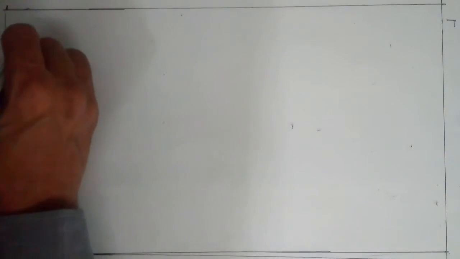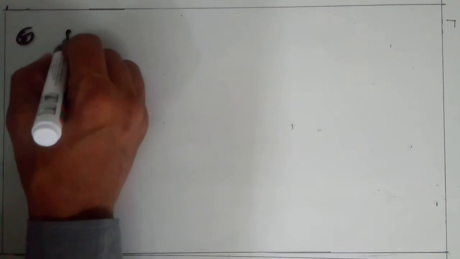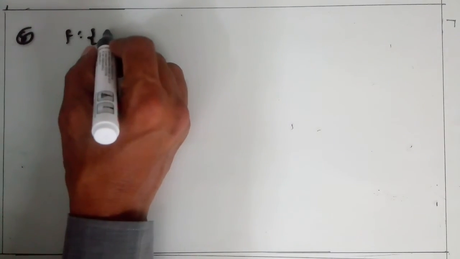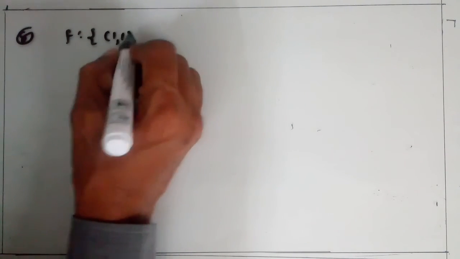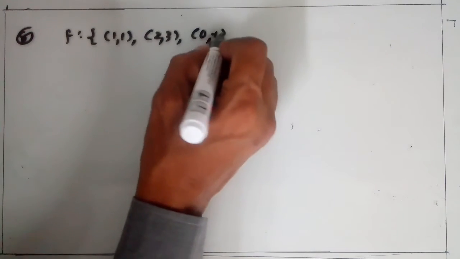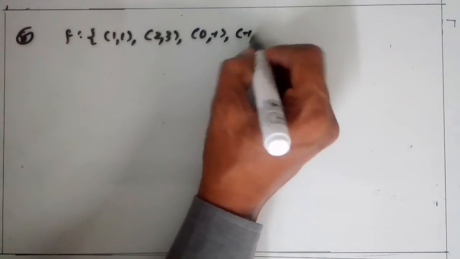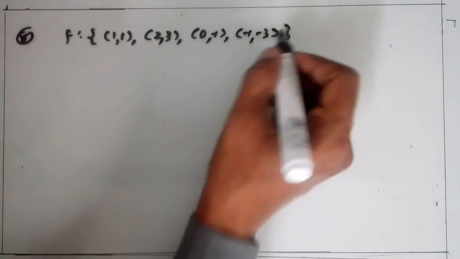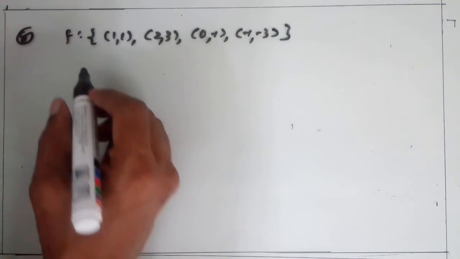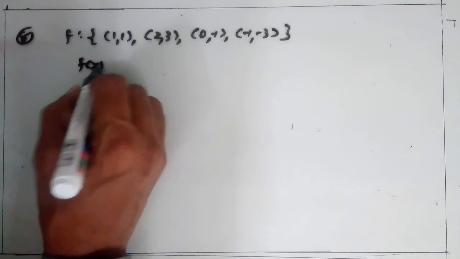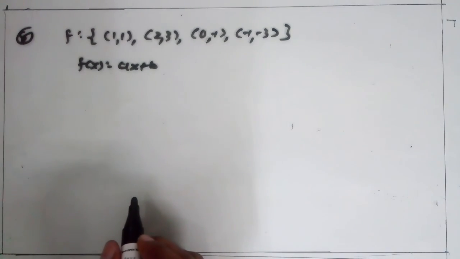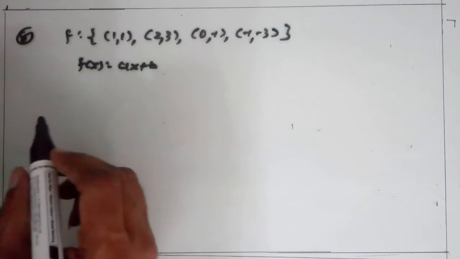Now question number 8. Let a function f defined by the ordered pairs (1, 1), (2, 3), (0, minus 1), (minus 1, minus 3) be a function from Z to Z defined by f(x) is equal to ax plus b, where a and b are integers.